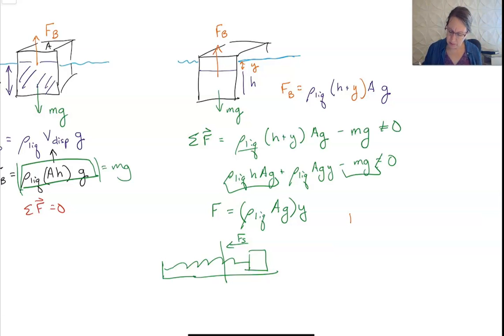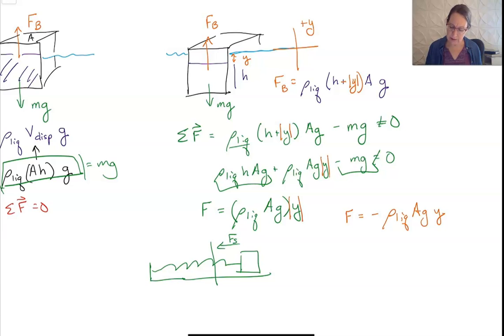So I could just say my force is equal to minus rho of the liquid A g y, going in the opposite direction. If we use our usual sign convention where positive y is up and negative y is down, I really should have changed the buoyant force to be h plus the absolute value of y, because that y would have been a negative number.